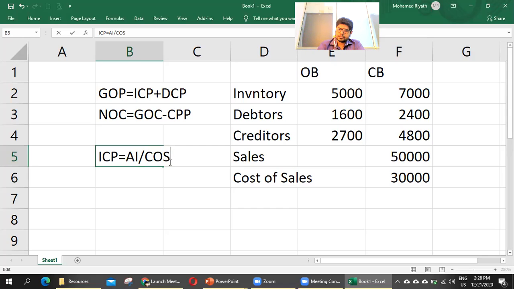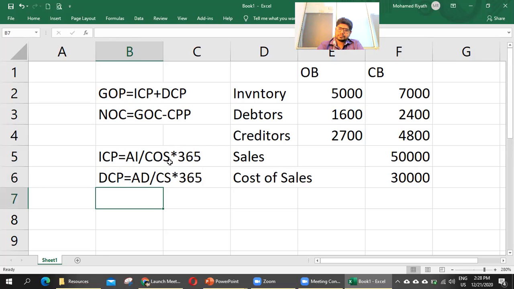Debtors collection period equals average debtors over credit sales, into 365. And creditors payable period equals average creditors over cost of sales into 365. Assume that there are 365 days in a year.